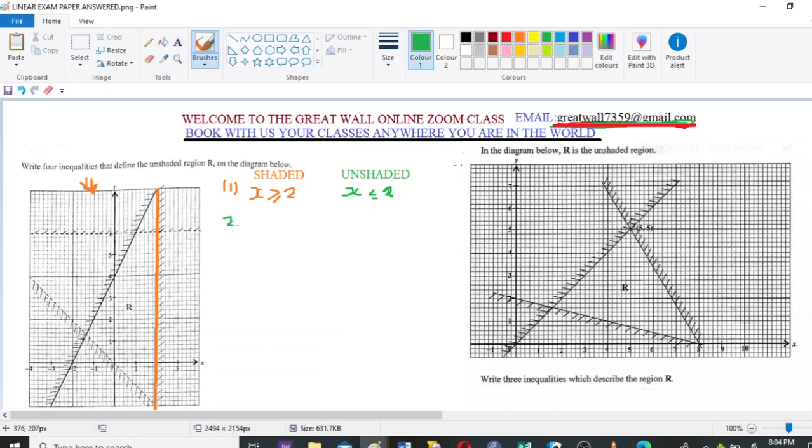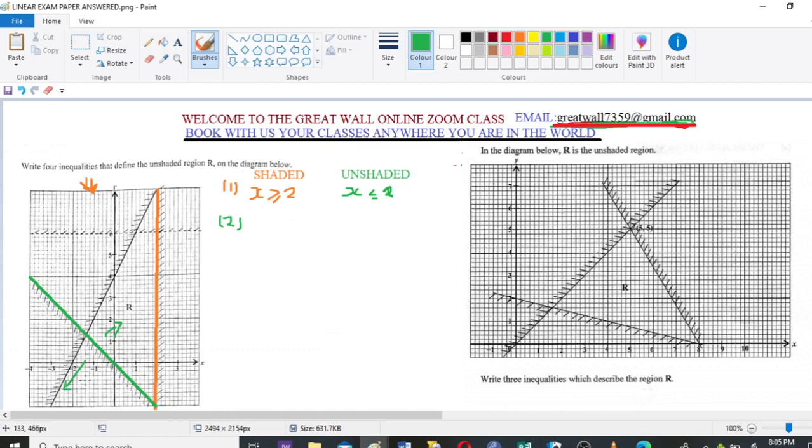So the second one, we're going to look at this one here. Now this line in green, notice that it is broken and it is shaded downward, right? Since this line is broken, we can observe that all the values upward here are greater than the values downward.